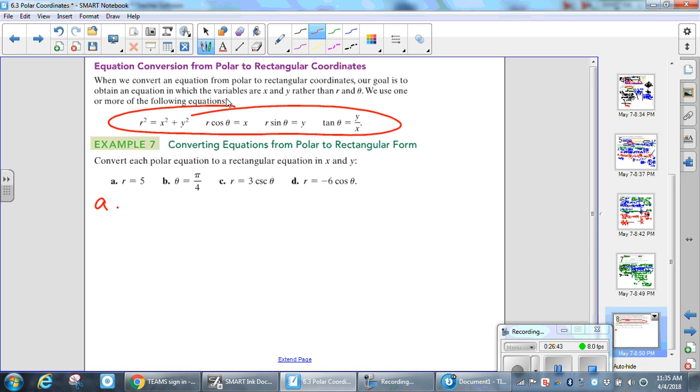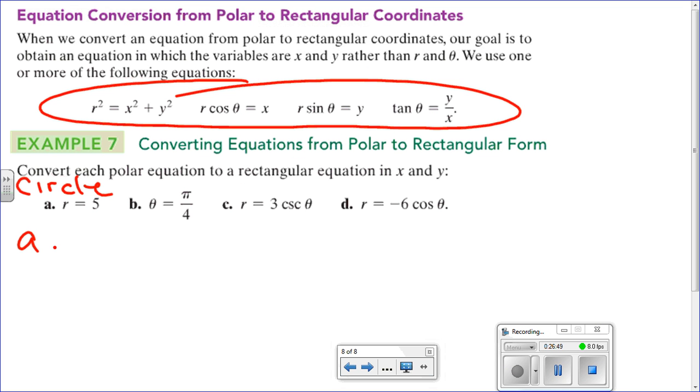We know that because you guys are very smart. But how do we want it to look? It's going to be a circle with the center at the origin, and the radius is 5. Okay, so let's see how we can get to that.